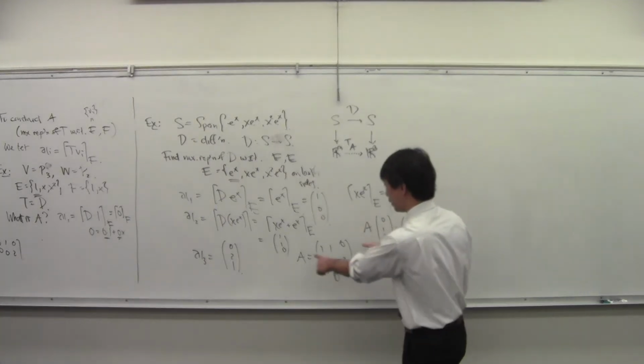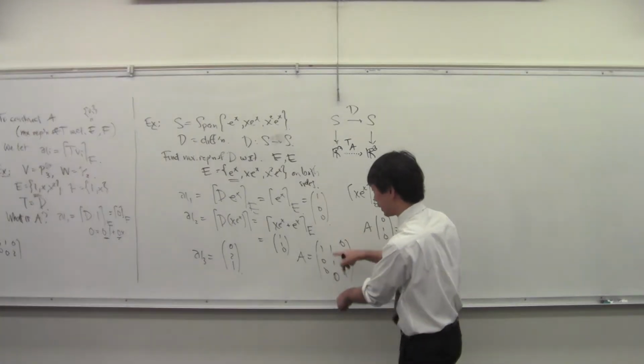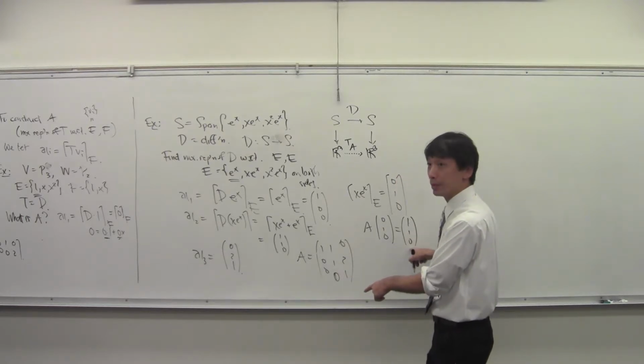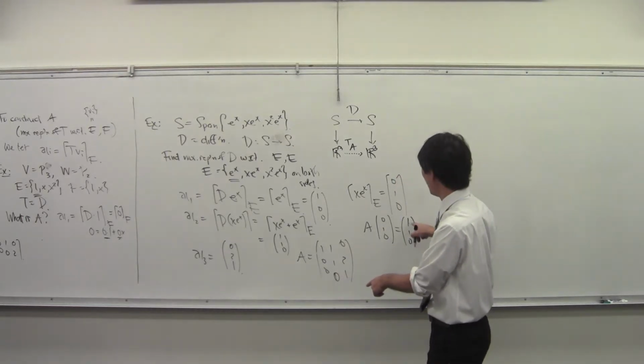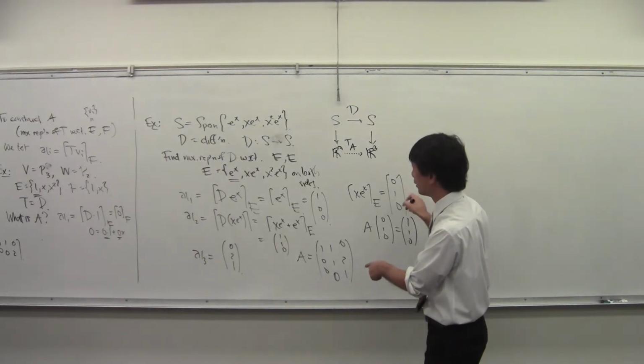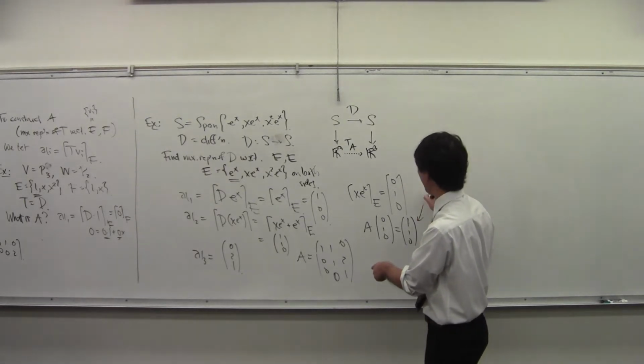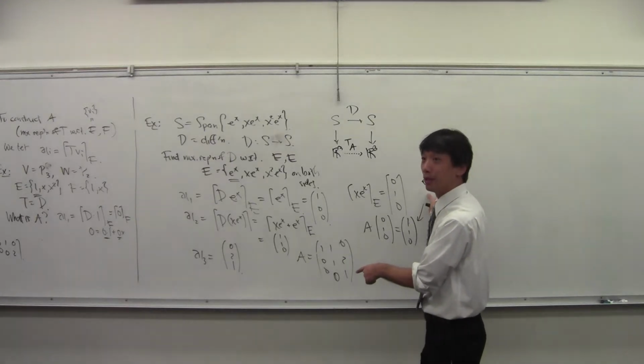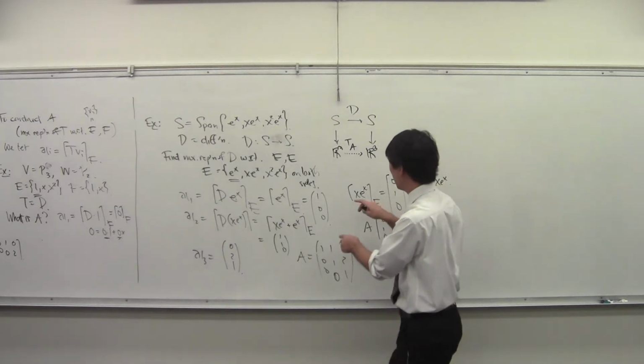right? A times 0, 1, 0 is going to pick up the second column, and so I get 1, 1, 0. 1, 1, 0 is the coordinate vector of e to the x plus x e to the x. Okay, so you see that, right?